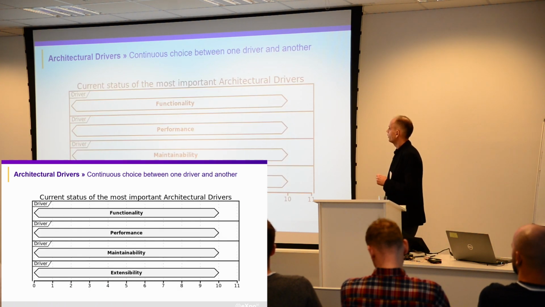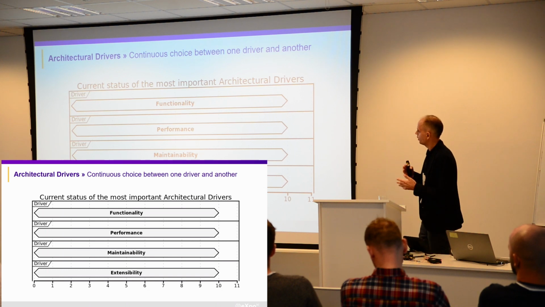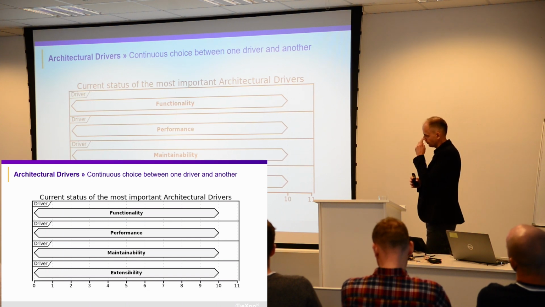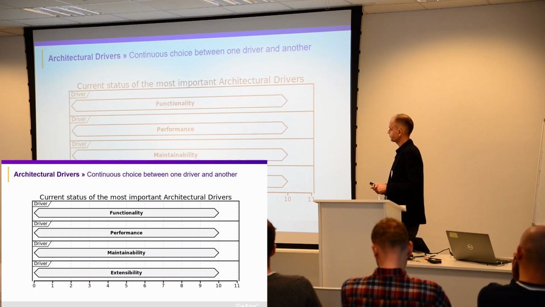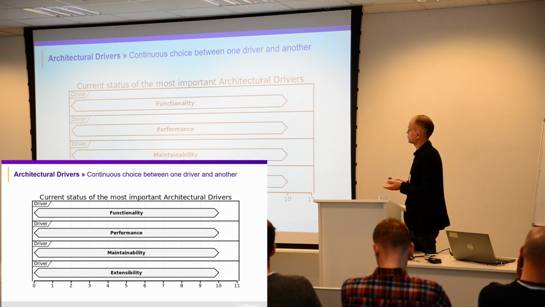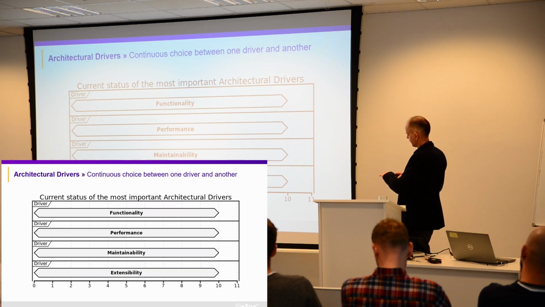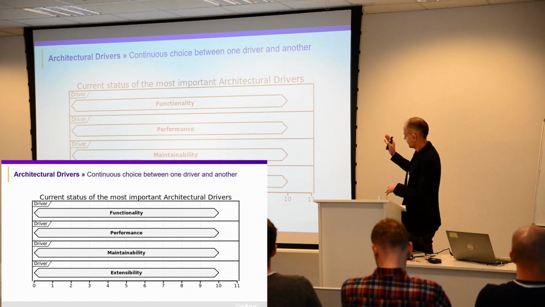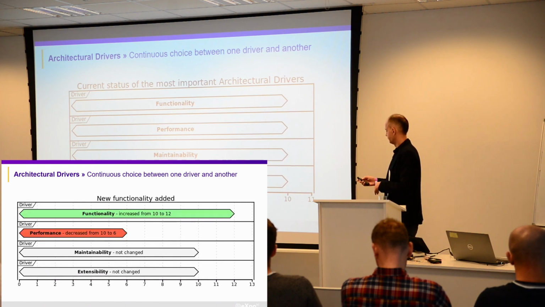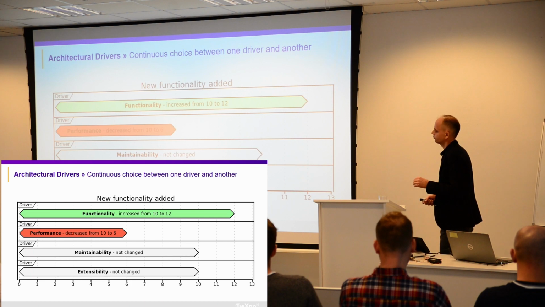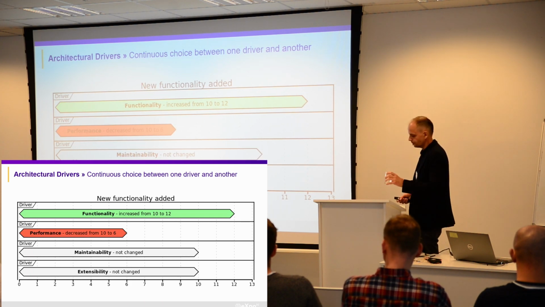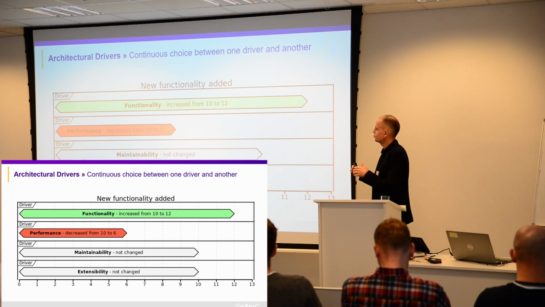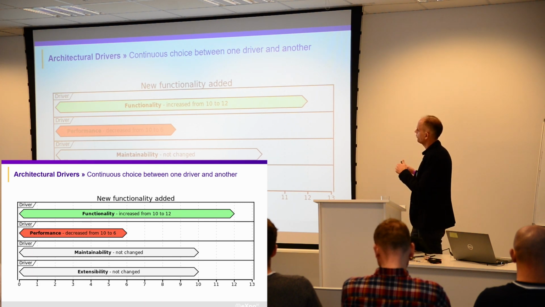This is an example which will show how the drivers are influenced in a specific use case. So we have an application with the drivers at some level. This is an abstraction, but we can say that everything is at 10. Later, the business wanted to create new functionality, and because of that, we increased the functionality from 10 to 12.